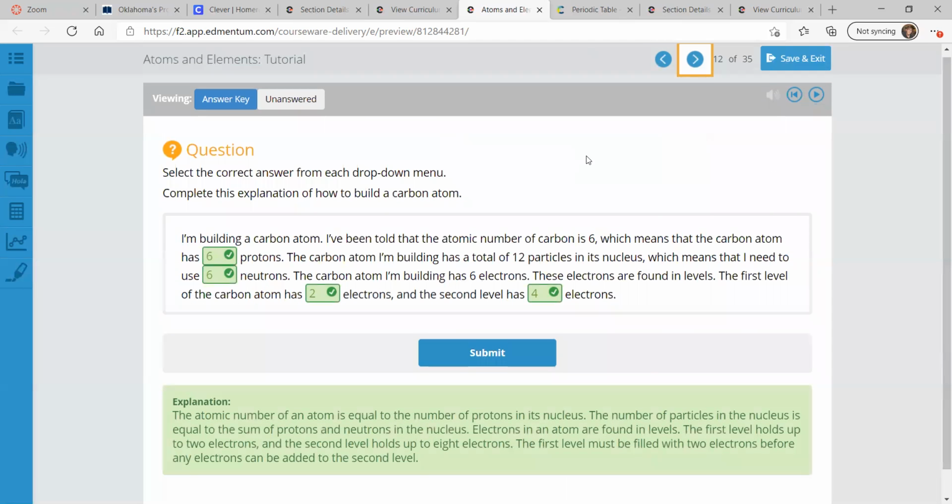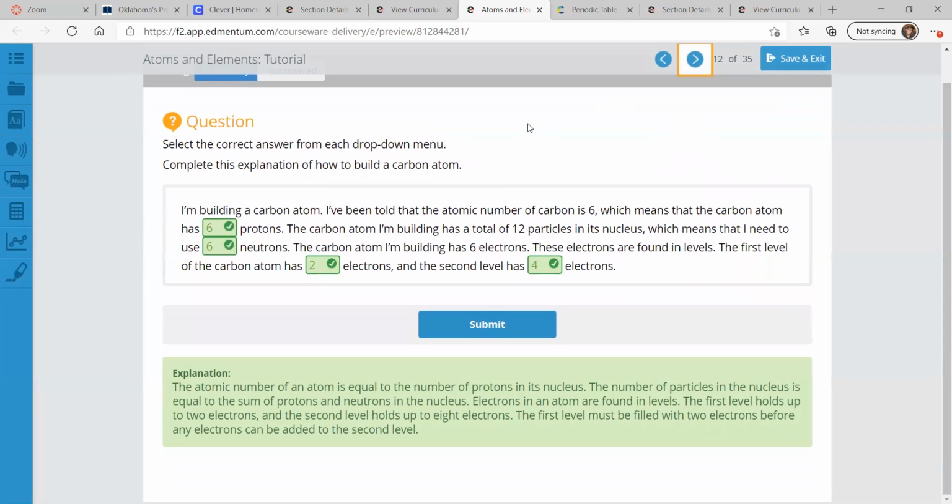So fact check or information check. Let's see if we can answer this question. I'm building a carbon atom. I've been told that the atomic number of carbon is 6, which means it has 6 protons. The number of protons equals the atomic number.